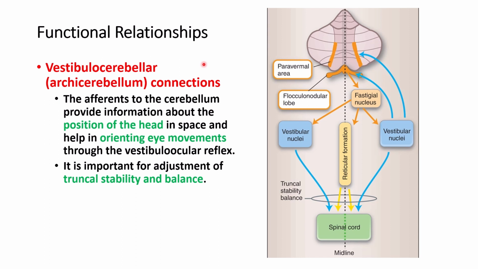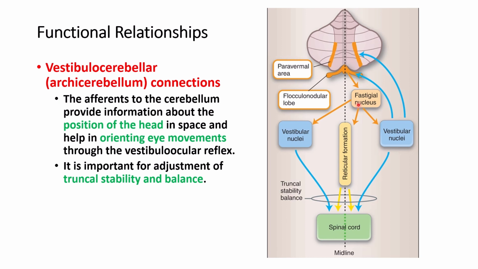So anytime you move your head, the eyes are also moving, so that the object can stay focused on the retina. The vestibular information from the semicircular canals and the vestibule is sent to the paravermal area and also to the flocculonodular lobe. The information is processed and sent to the fastigial nucleus.